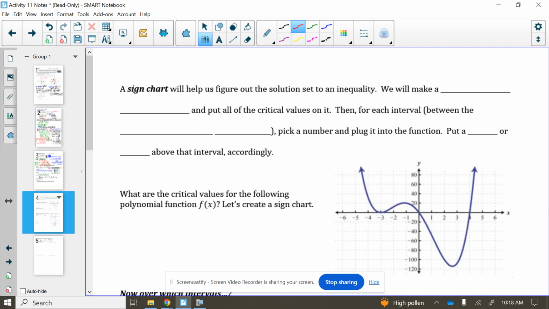And if we flip to the next page, we see a little bit more how we're going to actually be able to look at these, and that's with a sign chart.